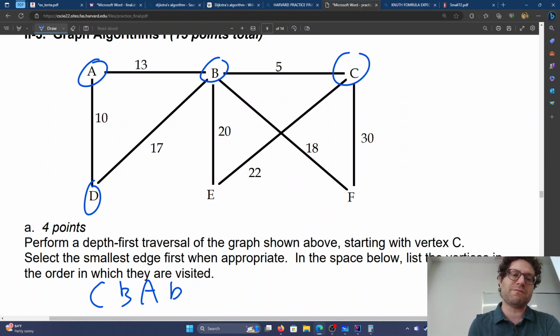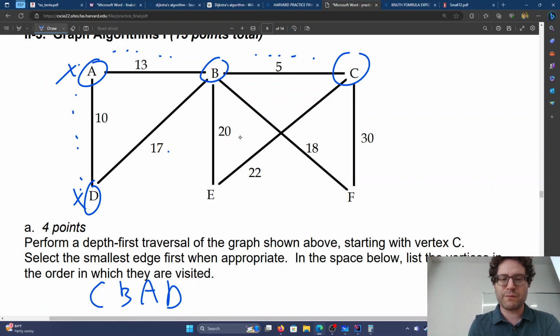And normally you should probably be keeping track of how you got to places. Now at D we are at a dead end, so we need to backtrack to A. A has no good edges to go to. We backtrack. B has 2 more places it can go. Can't go here anymore.